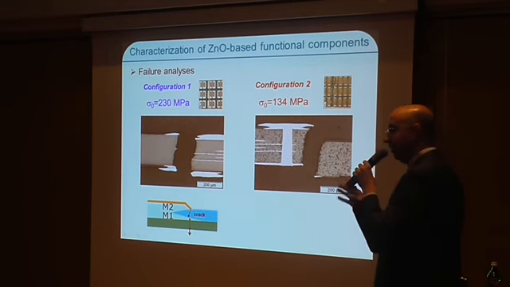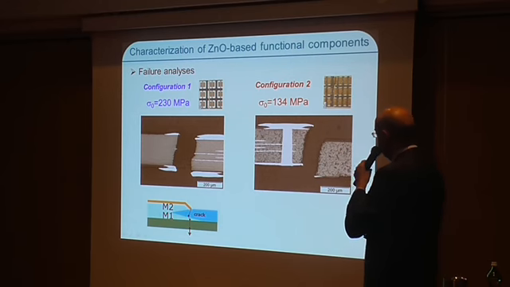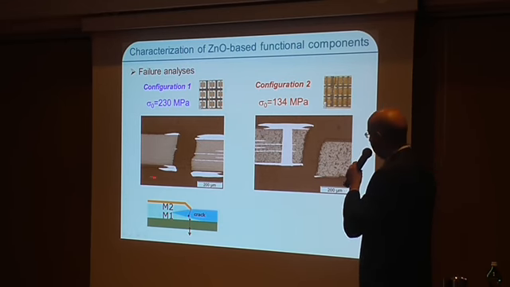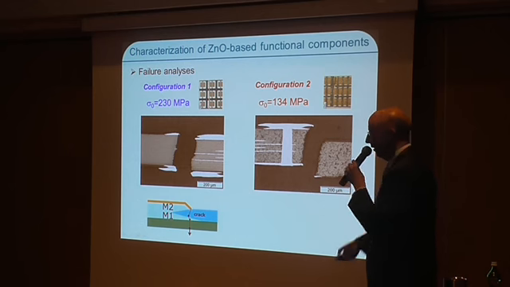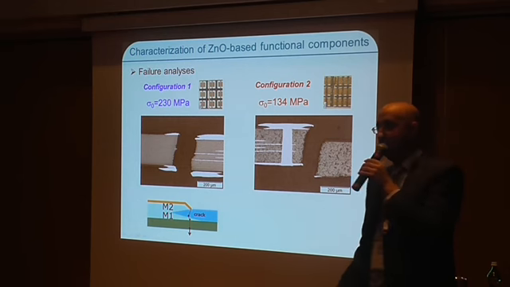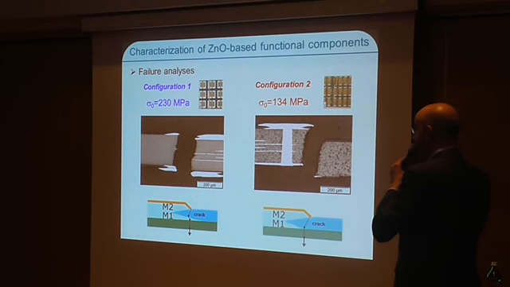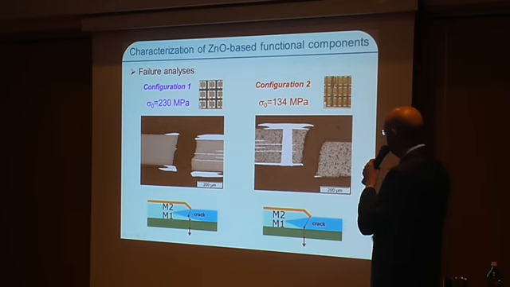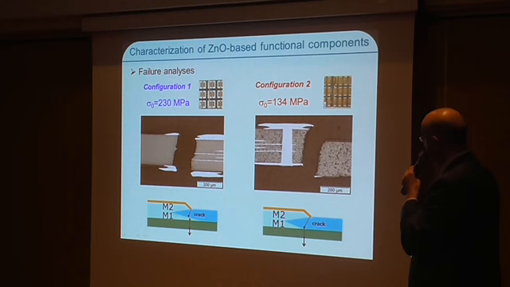And this was qualitatively predicted by a model. But based on thinking about this layer structure, we were thinking that maybe cracks could be somehow arrested at this tough metal layer and prevent the failure. Whereas in the other case, there is no layer to prevent the crack from its propagation.